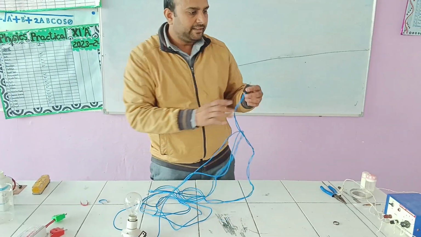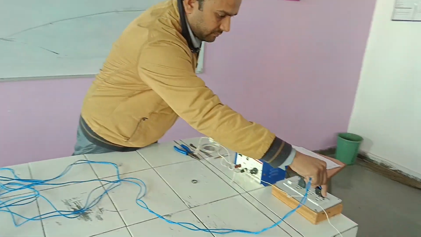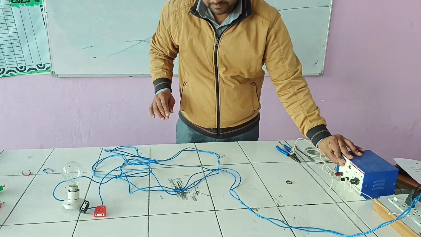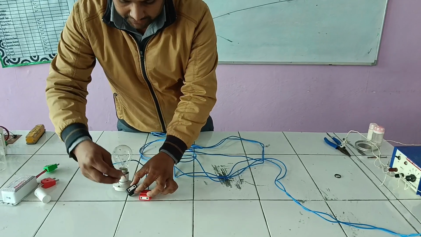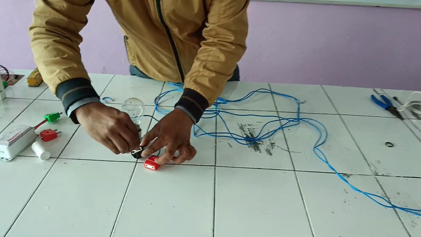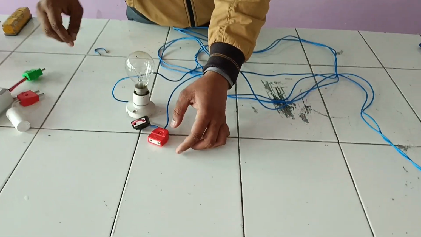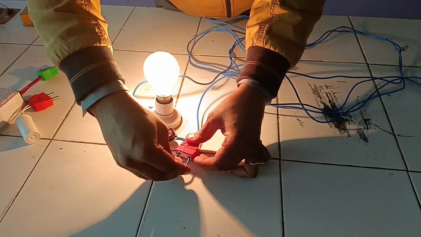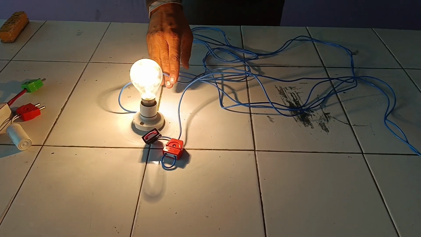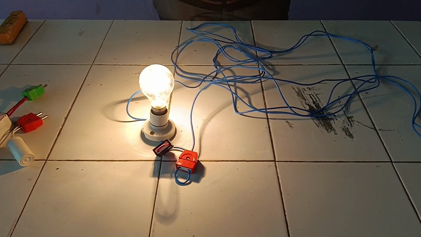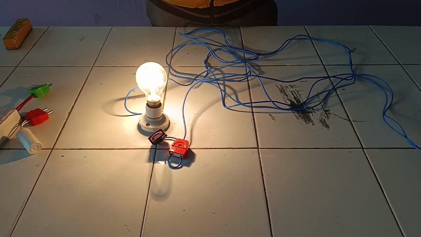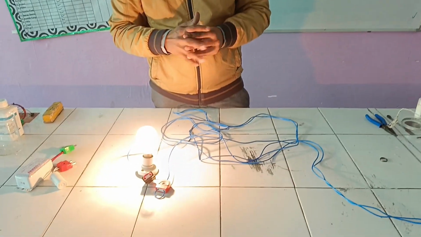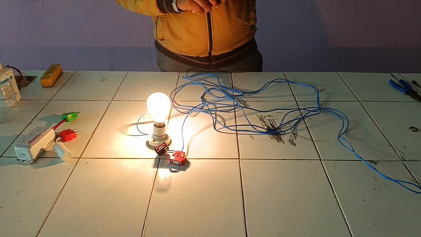To demonstrate it, I will switch on the supply and I will short it. Now I am doing the shorting. Observe the brightness of the bulb. Now only resistance is present in the circuit, alternating supply is there, and the bulb is glowing with some brightness.